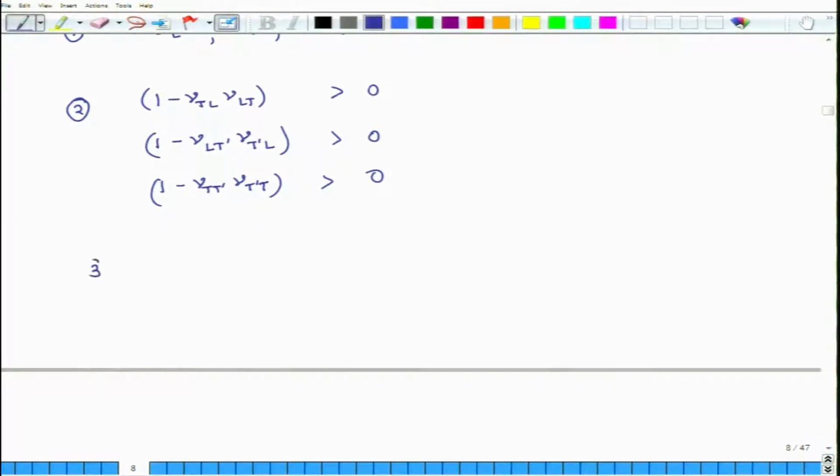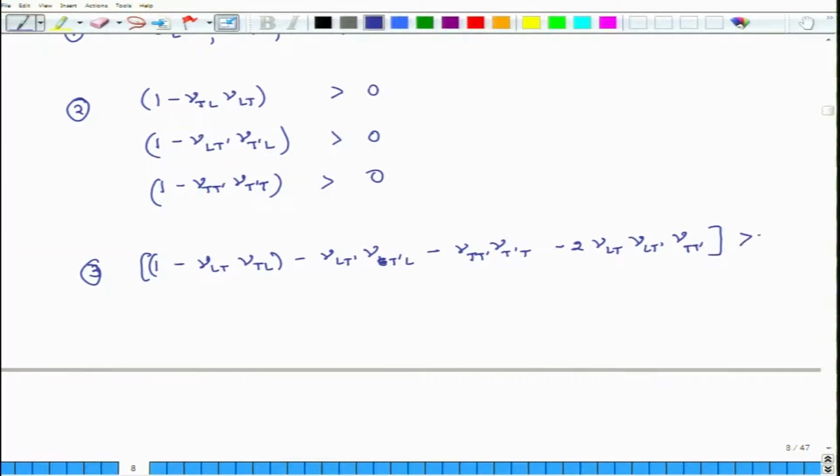And the final constraint is that 1 minus nu LT nu TL minus nu LT prime nu T prime L minus nu TT prime nu T prime T minus 2 nu LT nu LT prime nu TT prime, this long expression, should be more than 0.